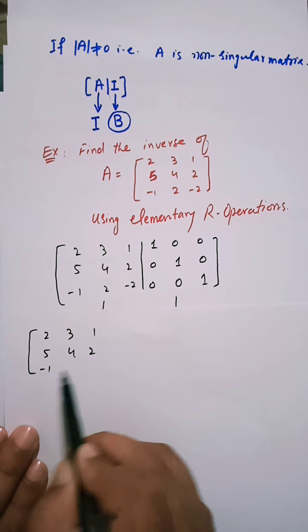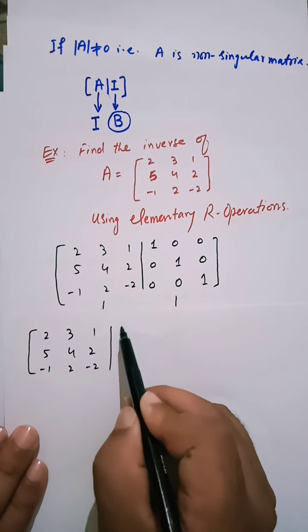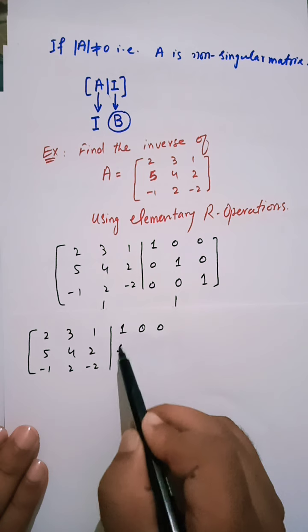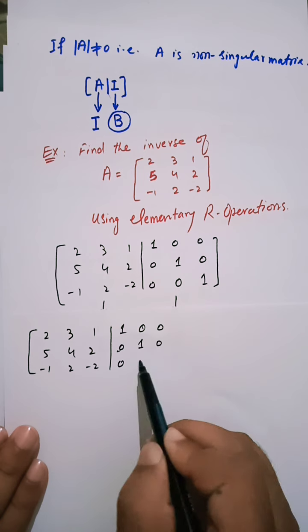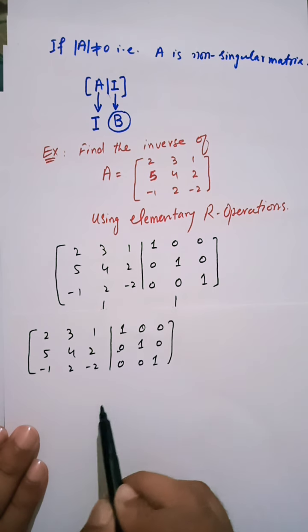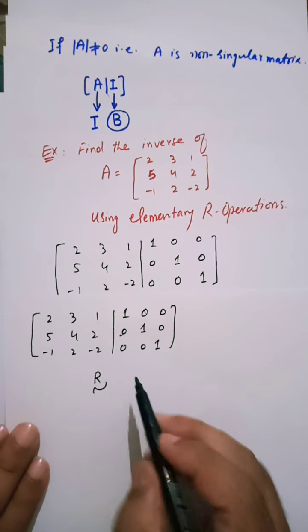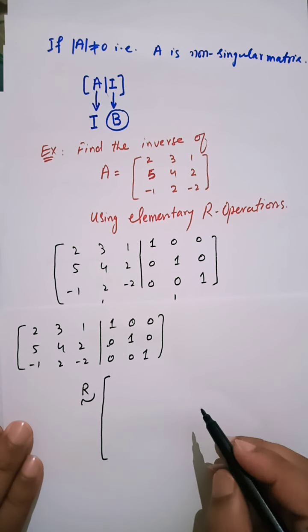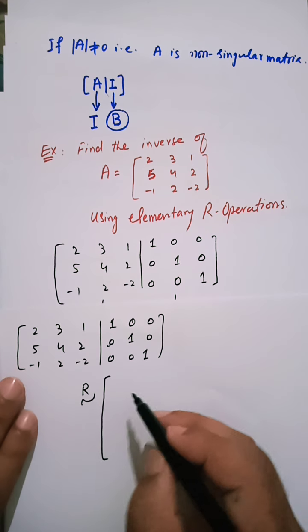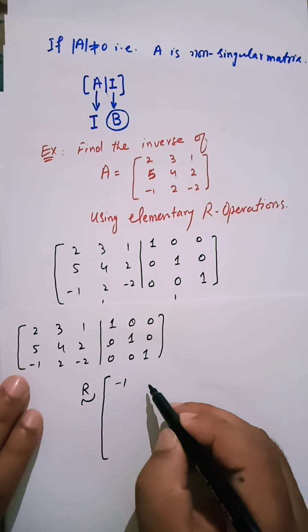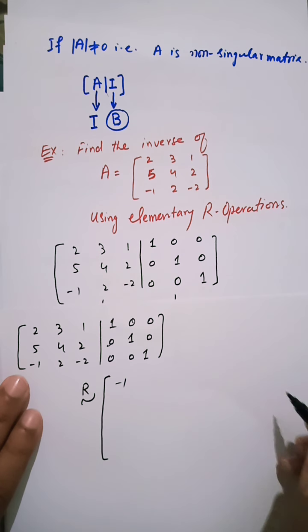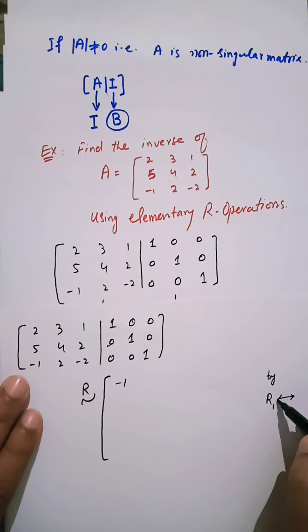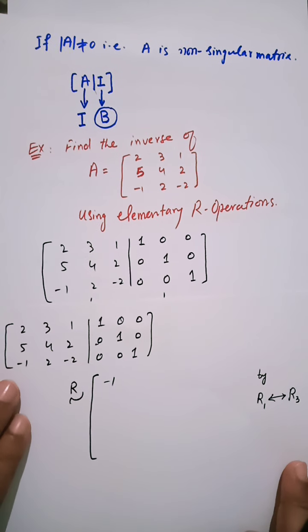Okay, so by that you see, for [2 -1 2 -2], I am writing it again. So now I am doing the row operation, interchanging R1 and R3.